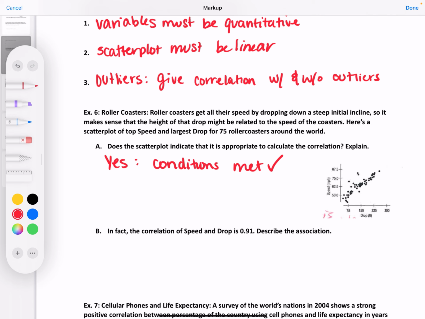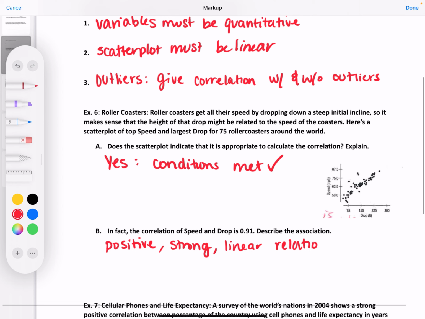In fact, the correlation of speed and drop is 0.91. Describe the association. Positive, strong, linear. I should say the relationship between the initial drop and the speed of the coaster.